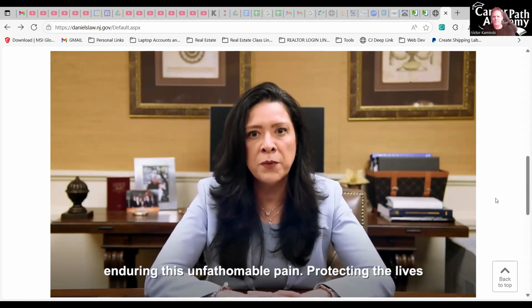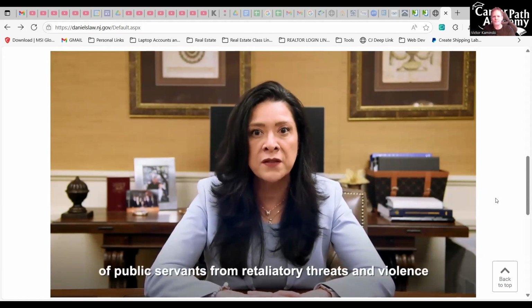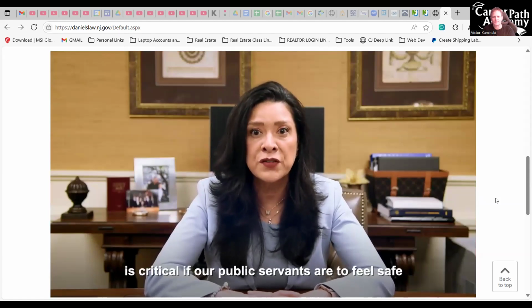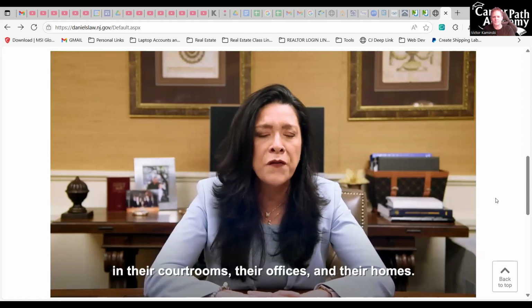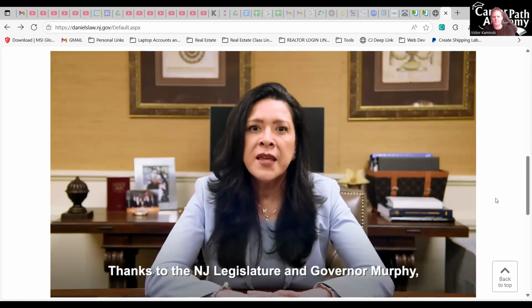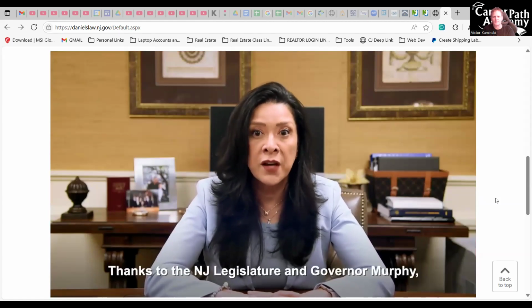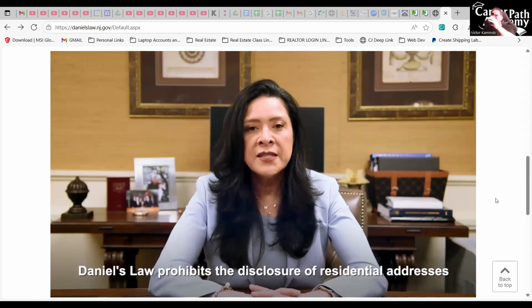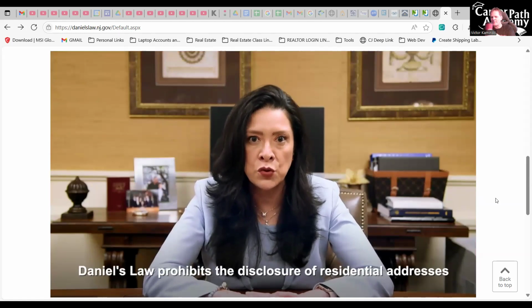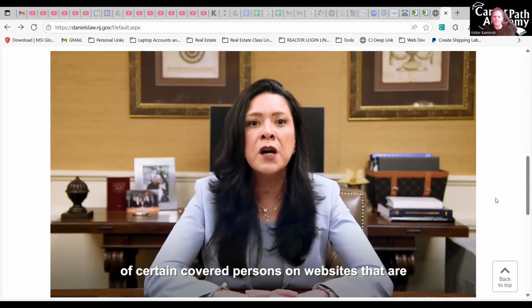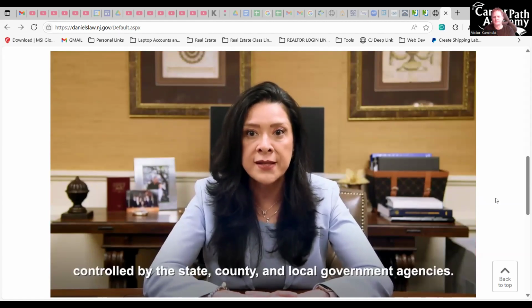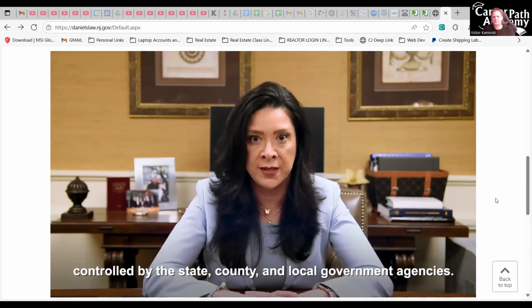Protecting the lives of public servants from retaliatory threats and violence is critical if our public servants are to feel safe in their courtrooms, their offices, and their homes. Thanks to the New Jersey legislature and Governor Murphy, we now have the protection of Daniel's Law. Daniel's Law prohibits the disclosure of residential addresses of certain covered persons on websites that are controlled by the state, county, and local government agencies.